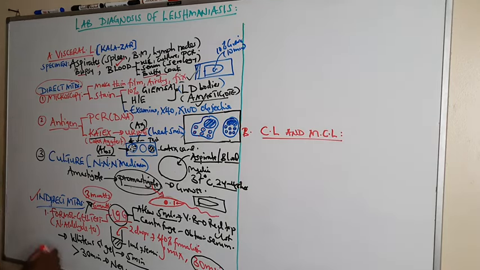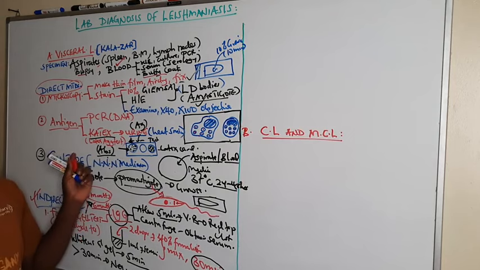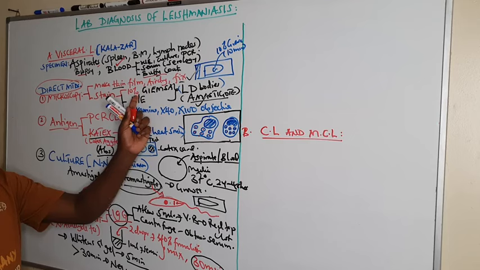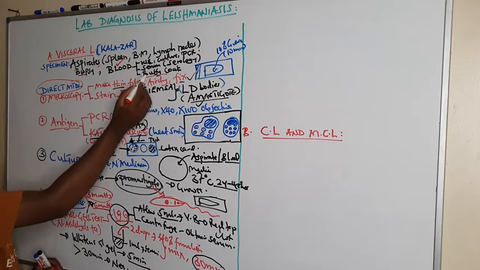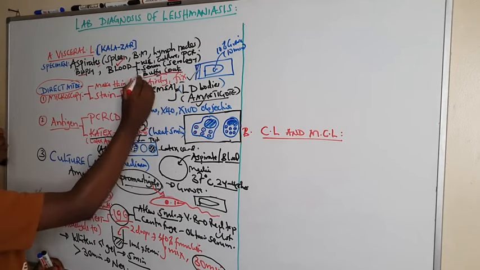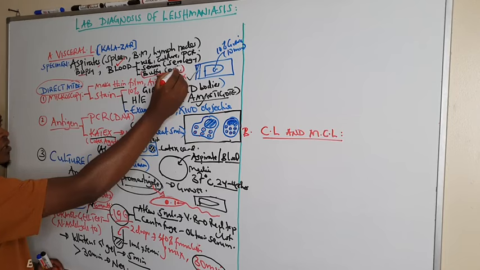But before we continue with indirect methods, under direct methods, when we are making a thin film, we talked about aspirates, but we can also make a thin film from a buffy coat.